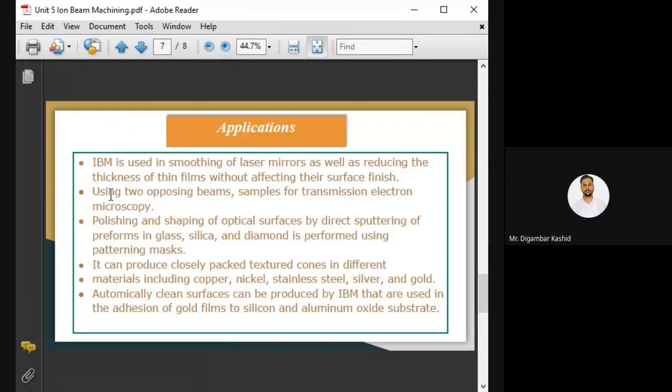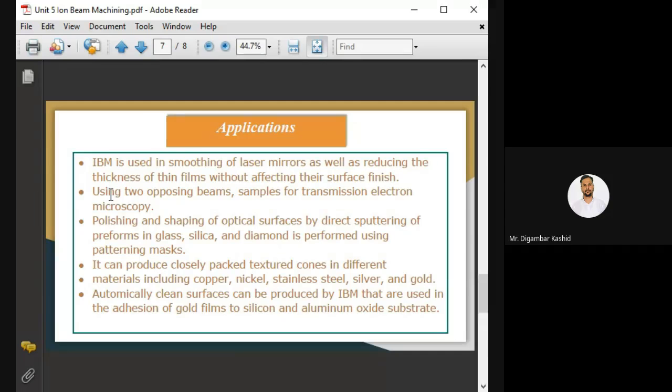Now, applications. Here I want to clarify one thing: about this ion beam machining process, you will not get the material in the advanced machining process textbook I showed.